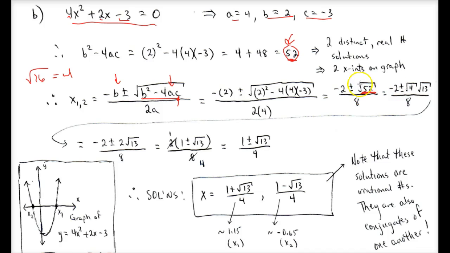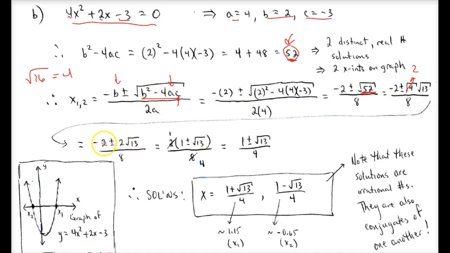So via our radical rules, we could rewrite square root of 52 as square root of 4 times square root of 13. Square root of 13 is irrational and it cannot be broken down anymore, so we leave it like that. However, square root of 4 is a perfect square, and that would be equal to 2. So that would just simplify to 2.